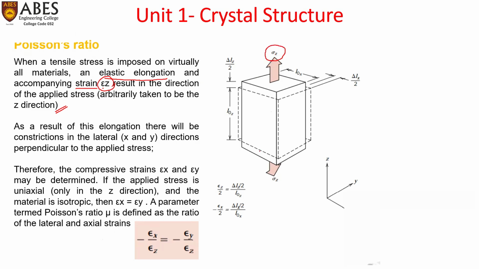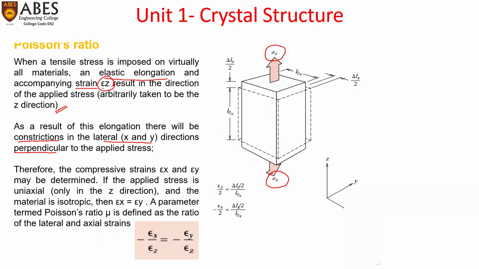So sigma z is the main stress, producing elongation and main strain, with the body getting deformed majorly in this direction. But as a result of this elongation, there will be constrictions in the lateral x and y directions, perpendicular to the applied stress.